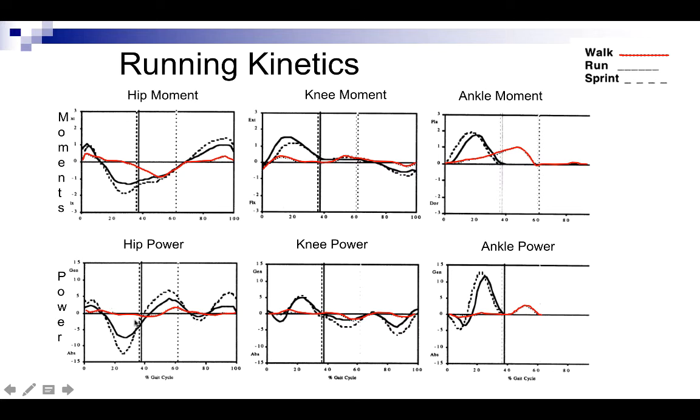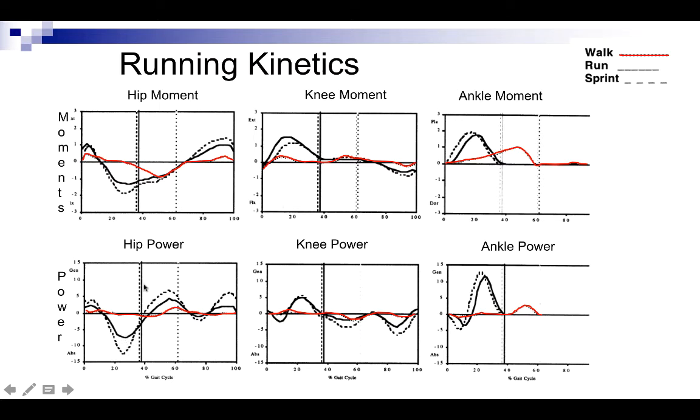And when we look at the power, the overall contribution of that muscle is really evident, where the negative power that's associated with the hip here during the second part of the stance phase or the propulsion component at the hip is progressively higher as we increase speed.